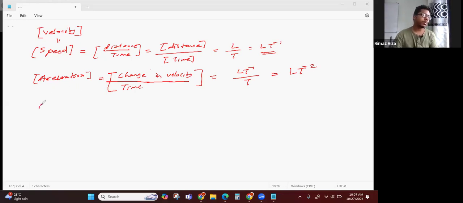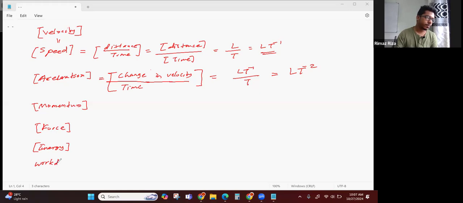Acceleration, and then momentum. Momentum, find the dimension, and force, energy, work done, and pressure. Pressure, torque, the moment of force.